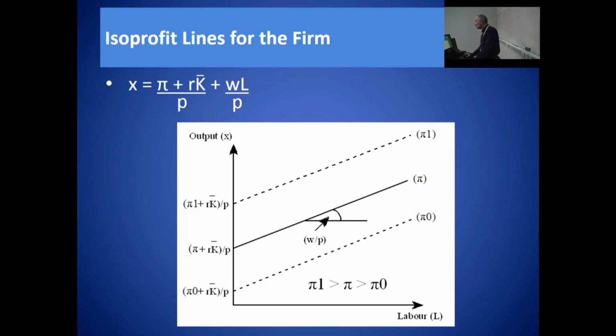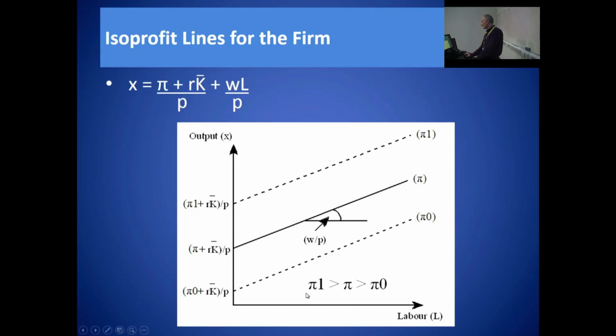And indeed, anywhere along this iso-profit line, profits are fixed or constant at pi 1. And in exactly the same way, what about lower iso-profit lines? Well, again, along any given iso-profit line that's lower, profits are fixed. But the fixed level of profits on these lower iso-profit lines are also lower.